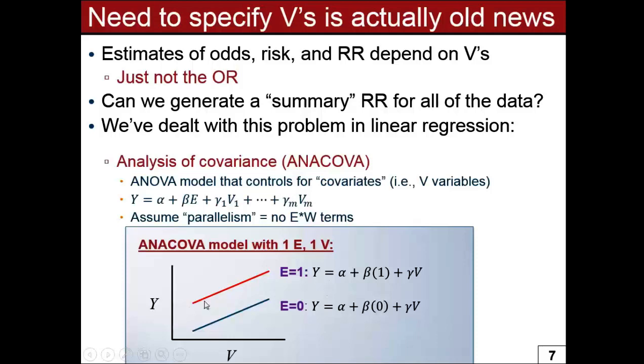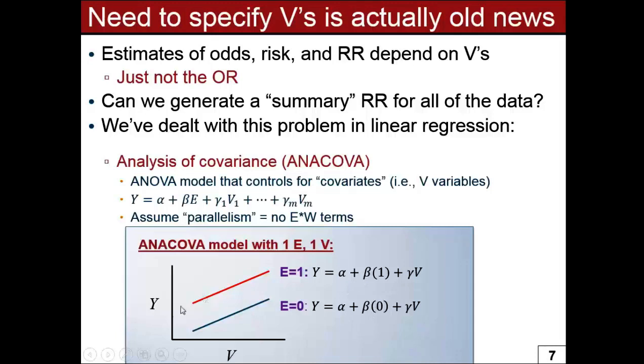Here's the line for, they're the same intercept, let's say. It's a simple linear model in some sense. There's a beta times exposure, 1 or 0, and then there's another term. Let's say we're adjusting for a single confounder. Let's say it's age, and this is what the regression model could look like.